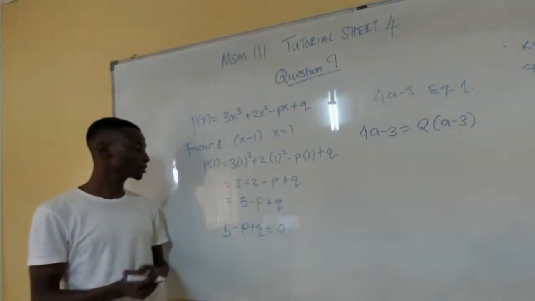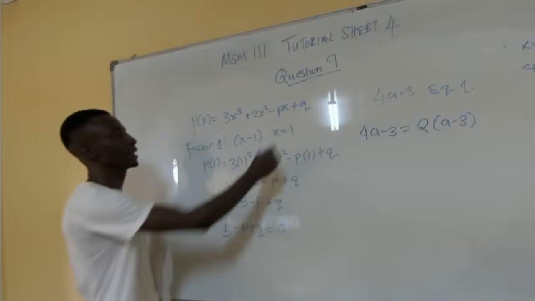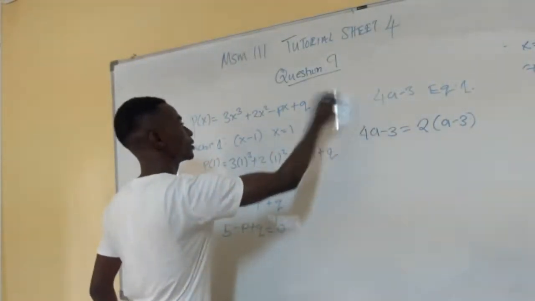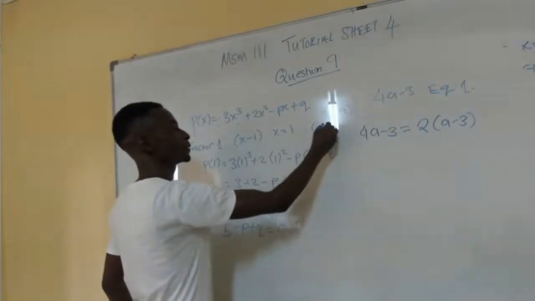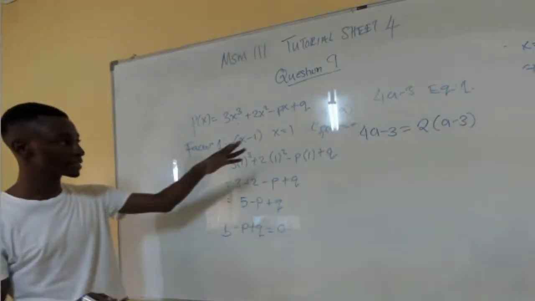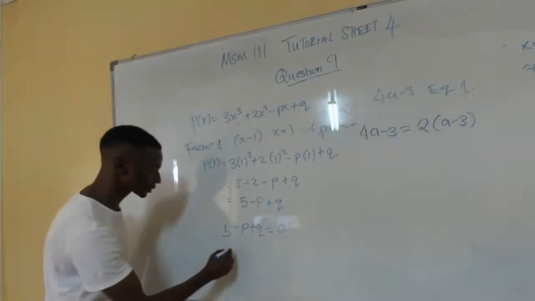So what are we supposed to do? To apply the factor theorem, where we say if x minus a is a factor of this polynomial, then f of a should be equal to 0. So that's the theorem we're going to apply here. Now let's proceed.